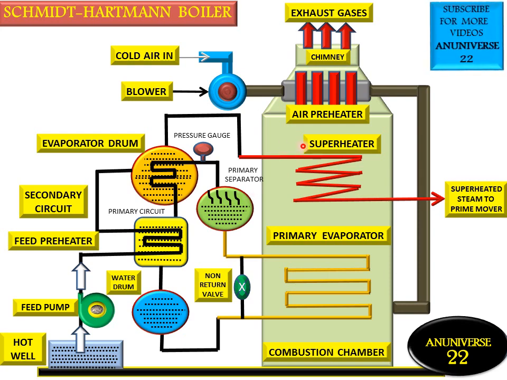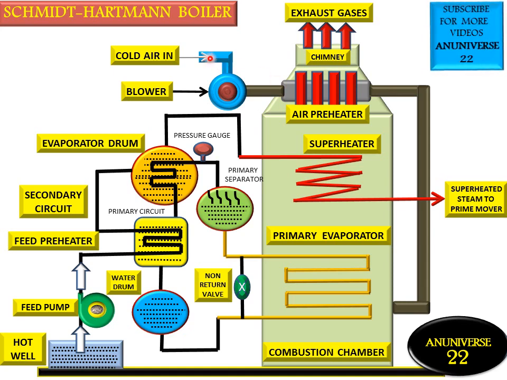As we know, the air preheater is used to preheat the air with the help of flue gases. The flue gases or exhaust gases move from bottom to top, before entering the combustion chamber, and basically it increases the efficiency of the boiler.